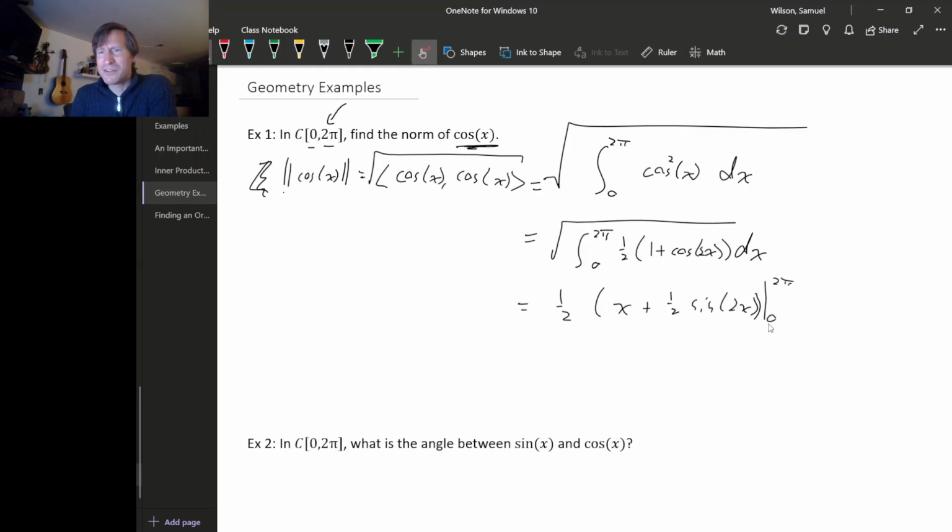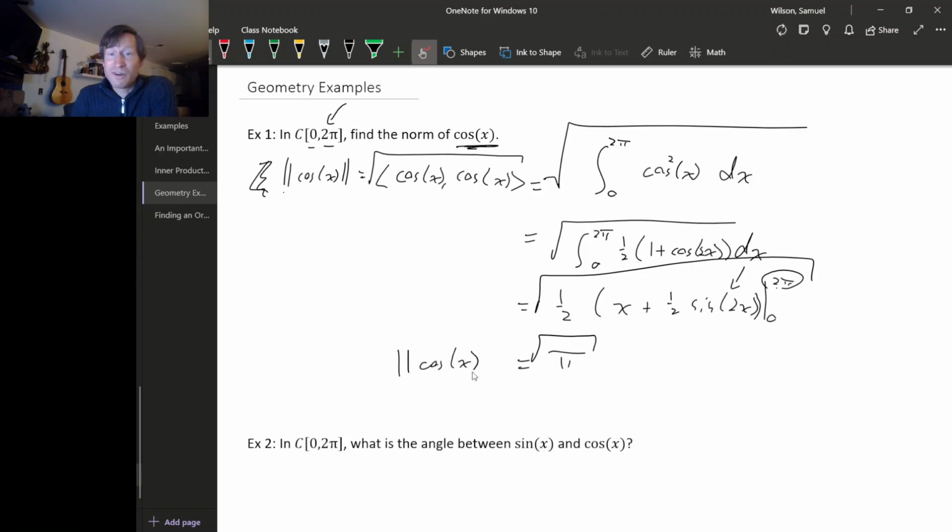When we evaluate at 0 and 2 pi, the sine term goes away. We get zeros everywhere, so the only term that survives is when we plug 2 pi in for x. Then we get 1/2 times 2 pi, so that's pi. And I forgot to keep writing my square roots. So the norm of the cosine function using this inner product on the space of continuous functions from 0 to 2 pi is just the square root of pi.